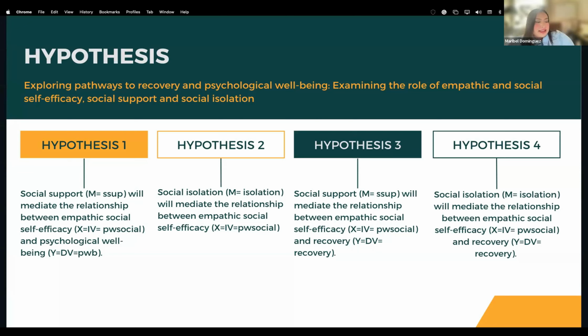The third hypothesis is, again, social support, but this time with recovery: social support will mediate the relationship between empathic self-efficacy and recovery. The fourth hypothesis is that social isolation is going to mediate the relationship between empathic self-efficacy and recovery.